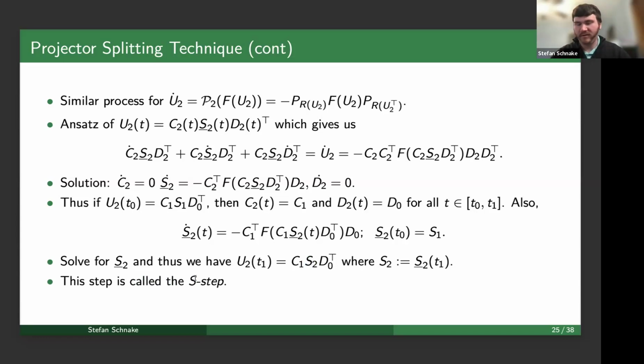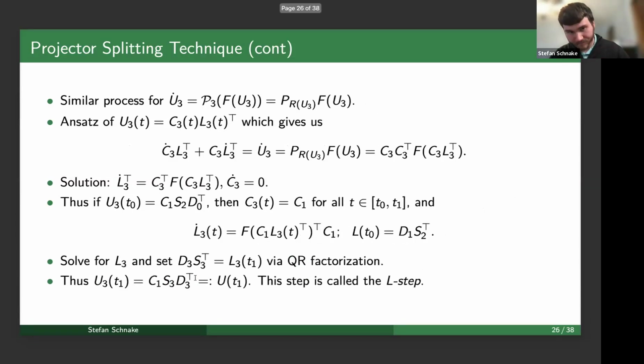And then the last step is going to be evolving the D step. And that's going to be done by the U3 equation. Where essentially now, instead of in the first step, we fixed D and evolved C through the K step, in this case, we're going to fix C. We're going to look at a solution that essentially evolves an orthonormal C and a variable L, where L essentially here is S times D transpose.